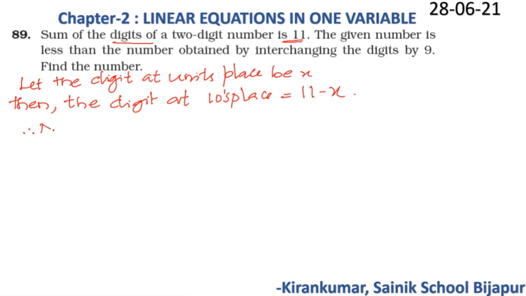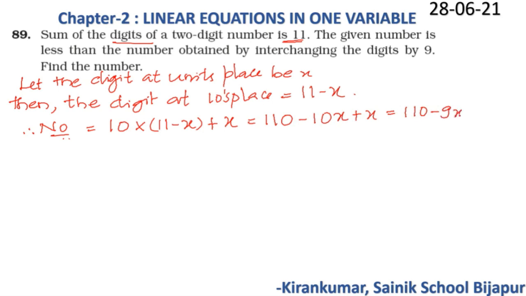Therefore, the number will be 10 times the tens place digit, which is 11 minus x, plus the units place digit. On further simplification, we get 110 minus 10x plus x. Further it becomes 110 minus 9x. This is the given number.